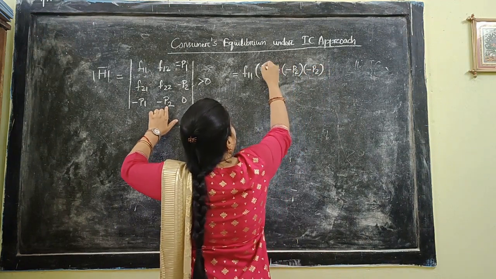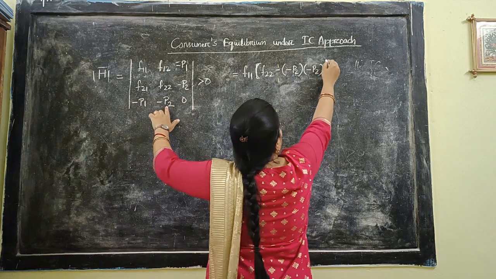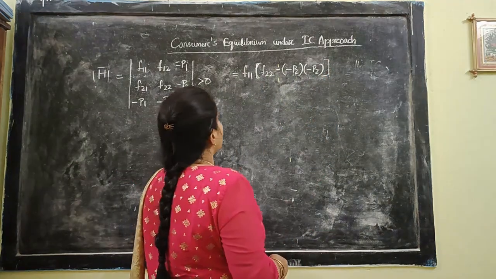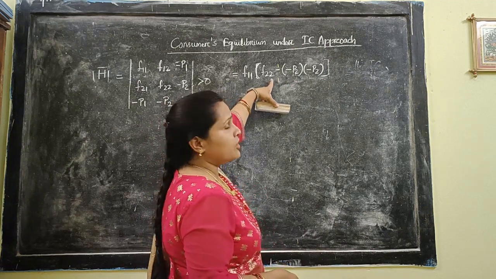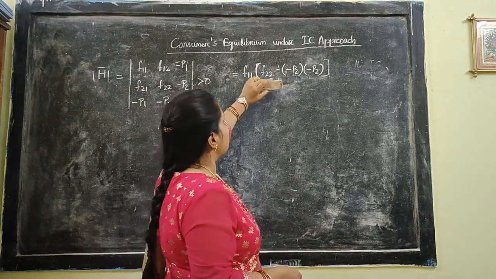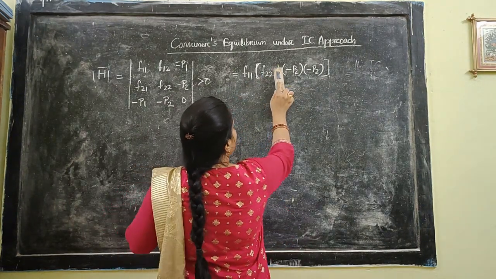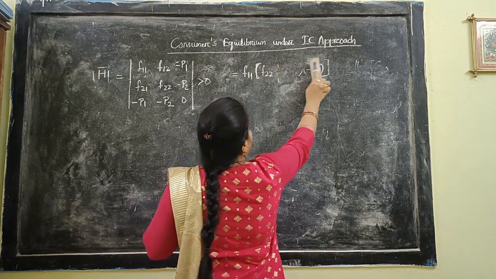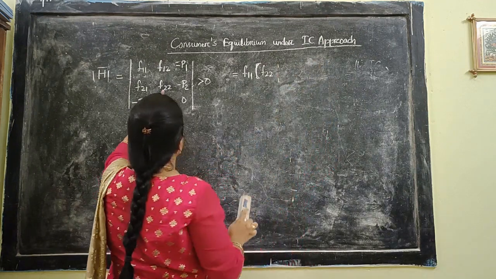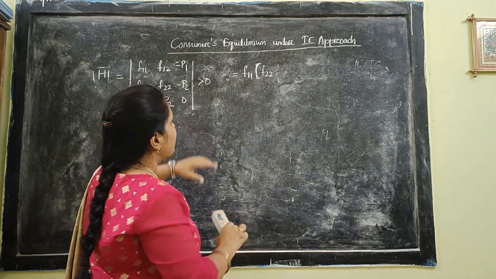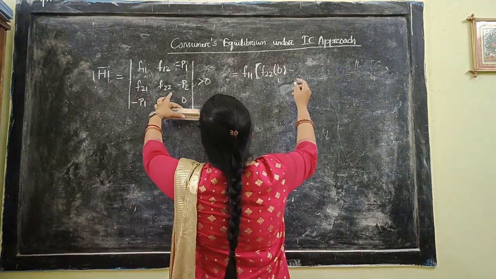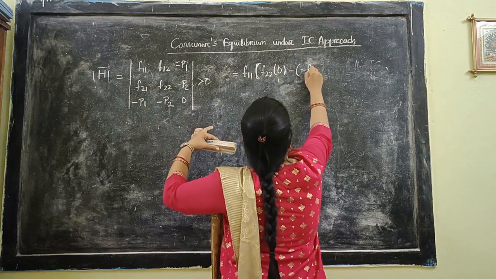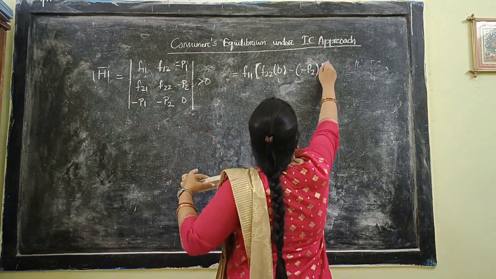Right, so I am putting this here. So F11 into, I have left 0 here, sorry, I made a mistake here. So we have to multiply 0 here. F22 into 0, minus P2 into minus P2.